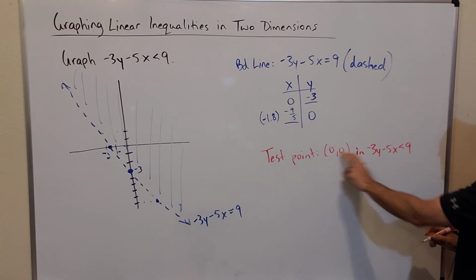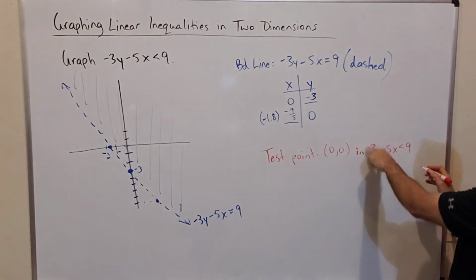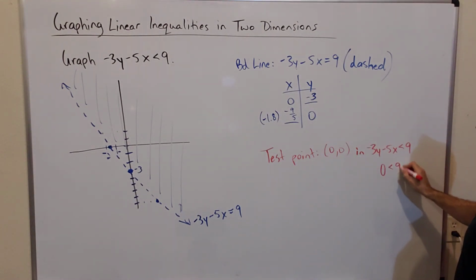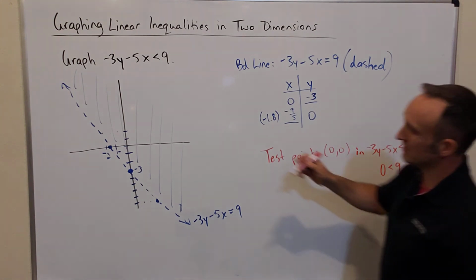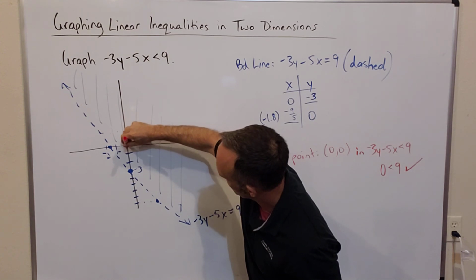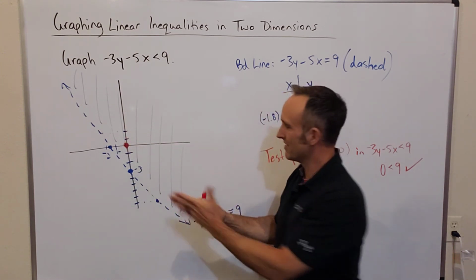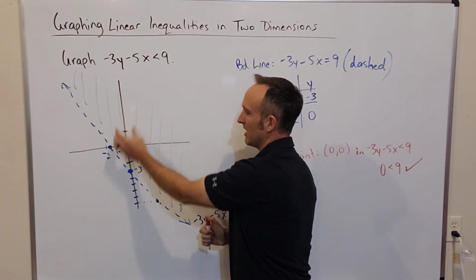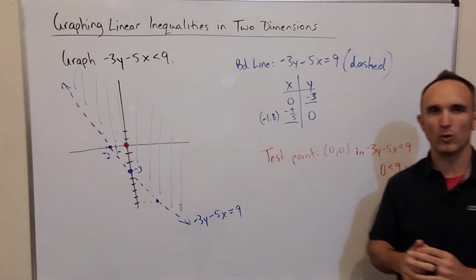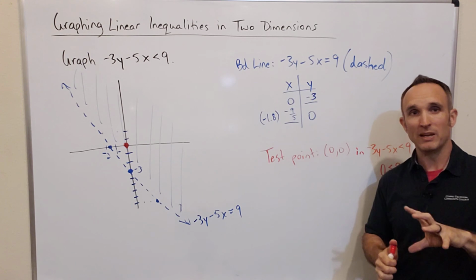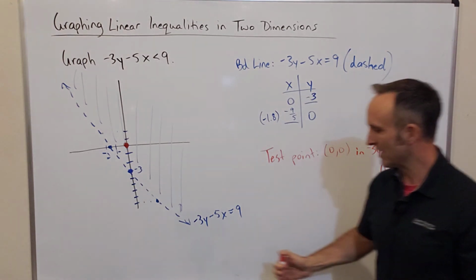So if I plug in 0 and 0 for x and y, everything on the left turns to 0, and 0 is less than 9 is true. So that means I am going to include the origin, which means that I need to shade the origin side, the 0, 0 side, and not the other side. Okay, so there's an example where 0, 0 does make it true, so that means shade on that side of the line.